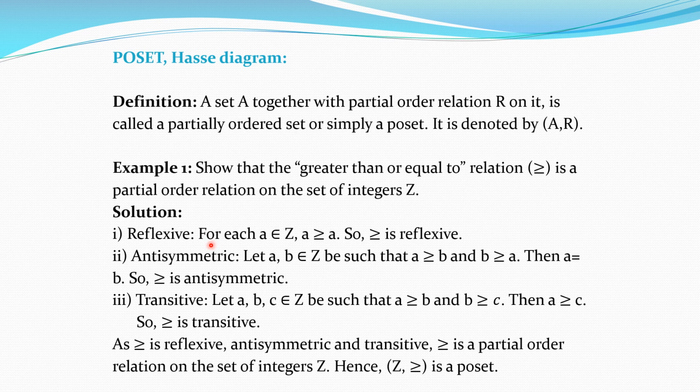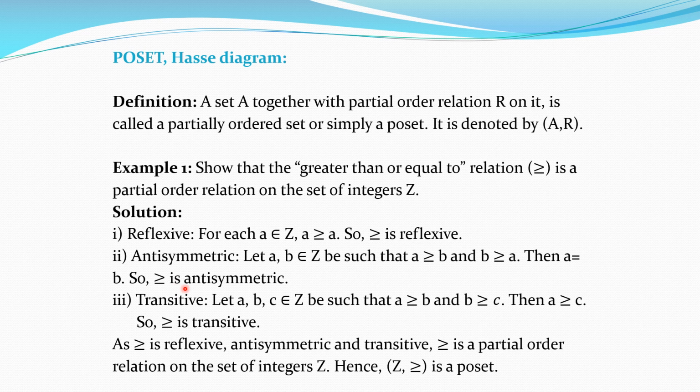Now here for every a in Z, a is greater than or equal to a. So the relation is reflexive. Now for antisymmetry, we consider two elements a and b in Z such that a is related to b and b is related to a. Means a is greater than or equal to b and b is greater than or equal to a. Now if both occur at a time, it means a equals b.